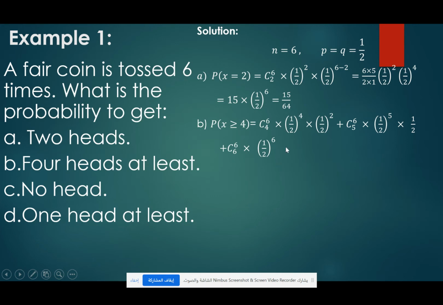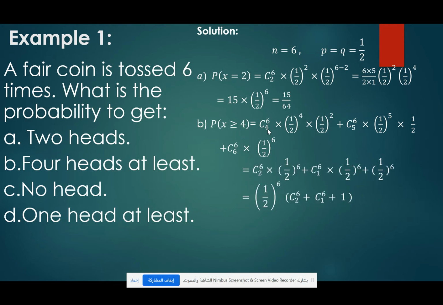Now let's evaluate each. For 6 combination 4, we can simplify it using the simplification property of combination, subtracting 6 minus 4 to get 6 combination 2, multiplied by half to the power of 6, since with the same base you can add powers.